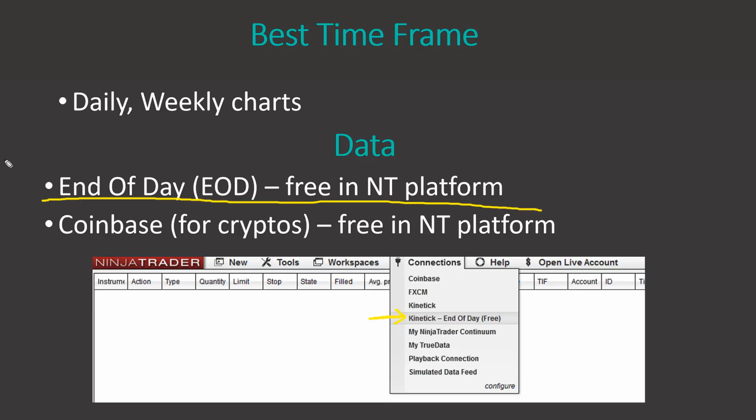So end of day data feed, super simple to connect to, and it is free. And if you're into trading cryptos, then there is the Coinbase connection. It is in here, and it is also a free, built-in connection in NinjaTrader. So no problem with data, super simple.